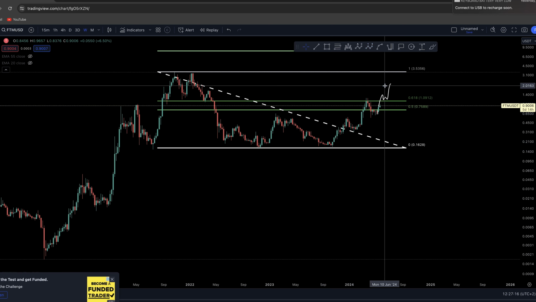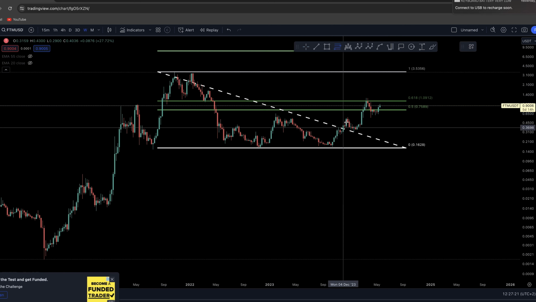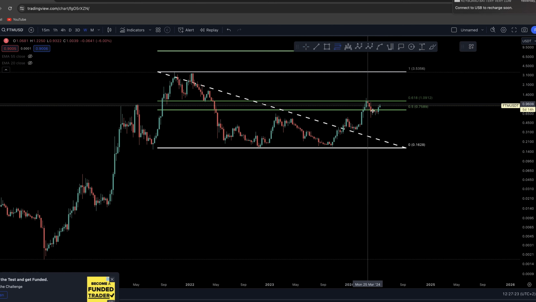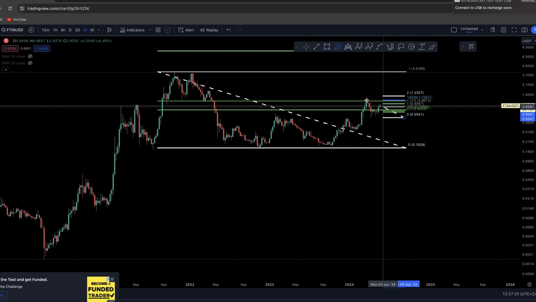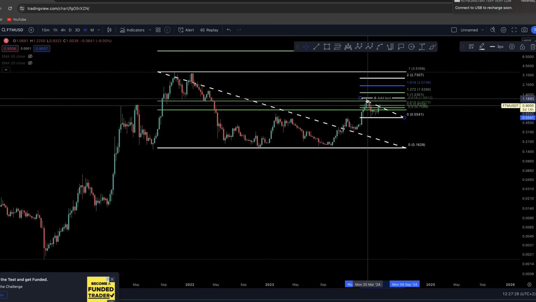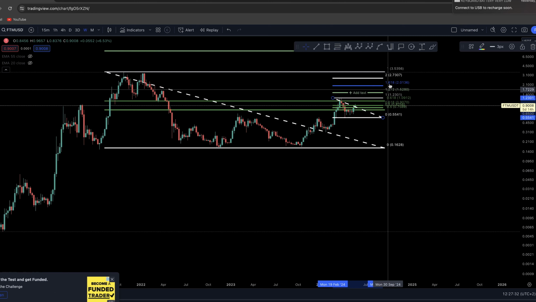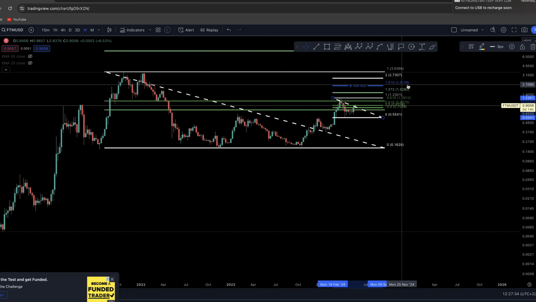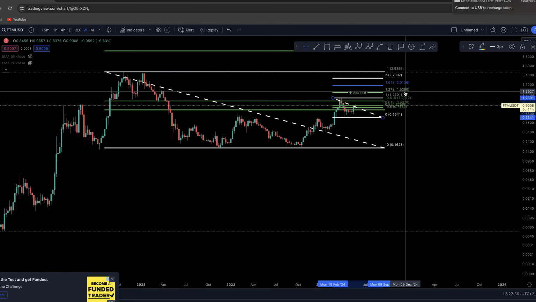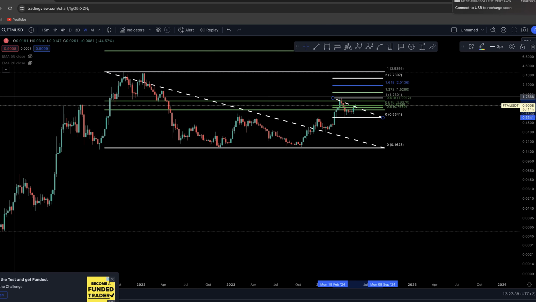And how I got that is by getting another fib on from this. You see how I said wave 1, wave 2, wave 3, wave 4, from this wave 4 low back up to this high here at $1.20, which we're meeting as resistance. If we tackle out of that $1.20, then you can see the 1.618 sits at $2 and the 1.272 sits at $1.50. So these would be my targets.